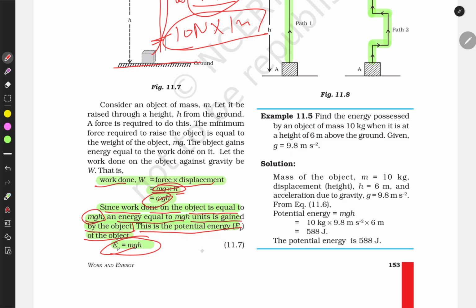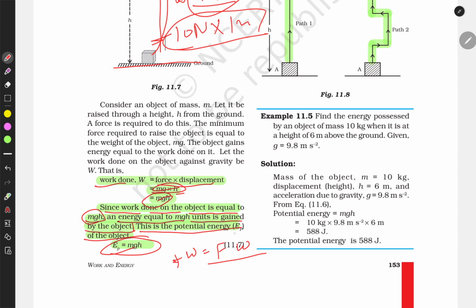It is simply the work done. How much work is done? The work done to lift the object from the ground above the surface of the earth will be force into displacement, which we just discussed in the work section.